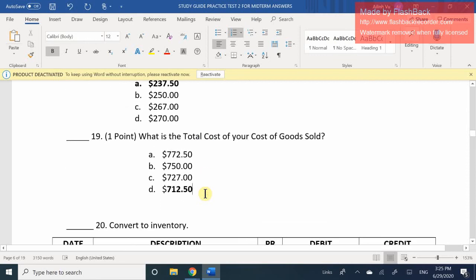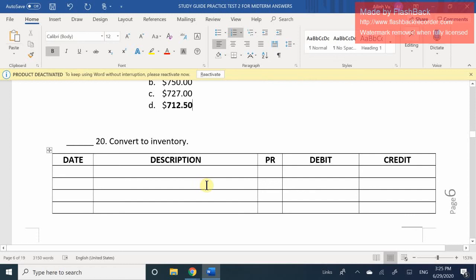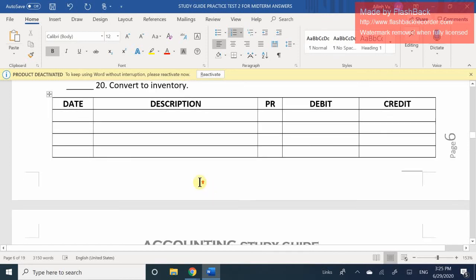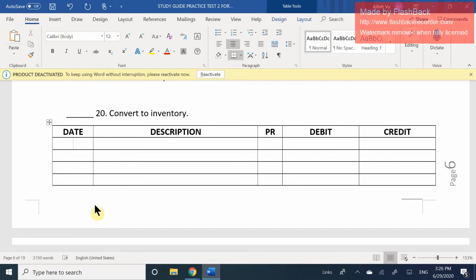Okay, all right, good job, guys. So question number 20 says, use the information from above. Convert the inventory. So how do you convert the inventory? You want to debit inventory.